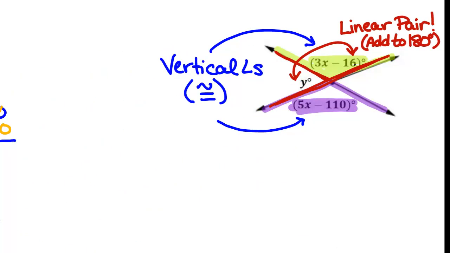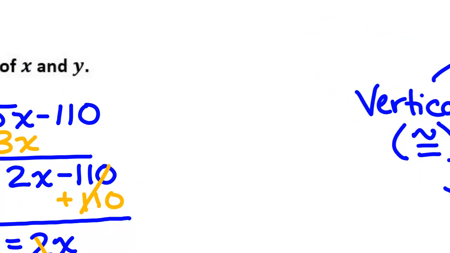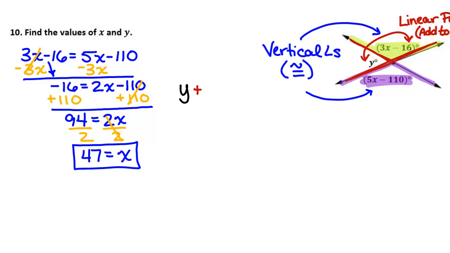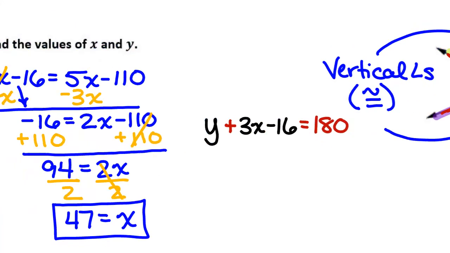All right, so I'm going to take these two things and add them together and set them equal to 180. I have angle Y plus my other angle, the one with the x, 3x minus 16. And we're going to equal that to 180. I have an issue. I have an x and a y. Can you combine two different variables together? But what do I know from what I just did that can help me now? You can substitute.